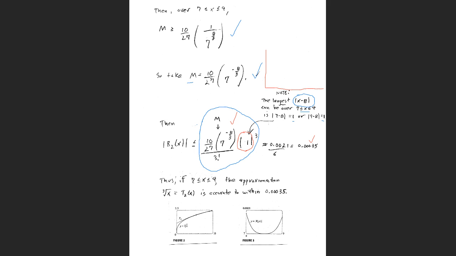All right, I'm going to ask you a question. Suppose that the range of x we're looking at is x between 7 and 10. Let's just suppose. Then what's the largest x minus 8 could get to be?